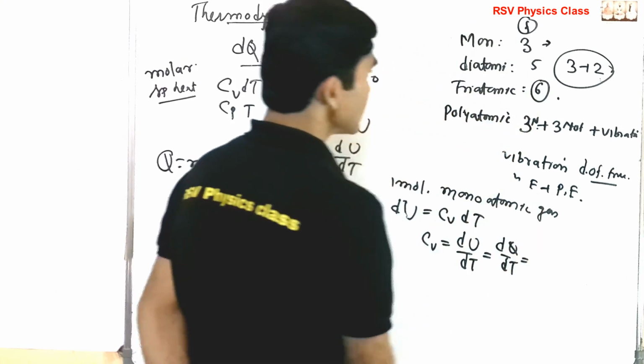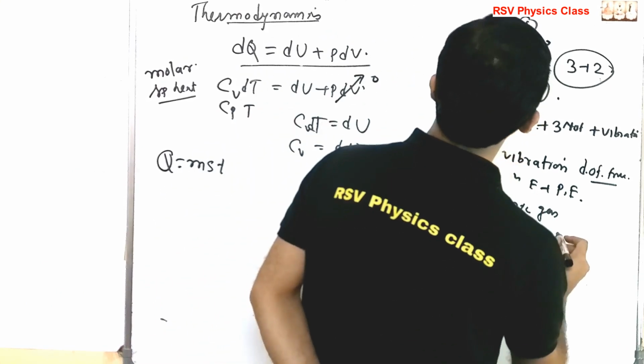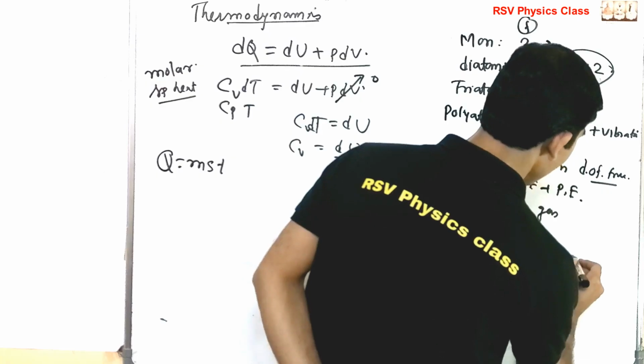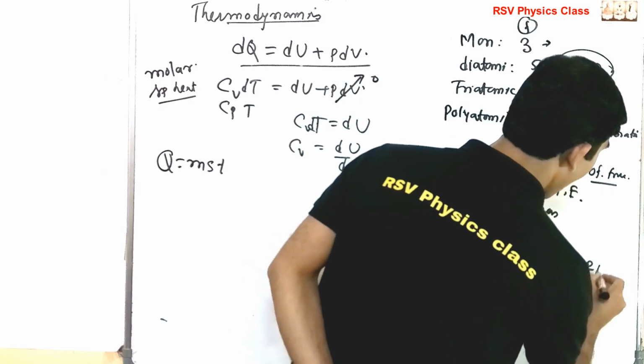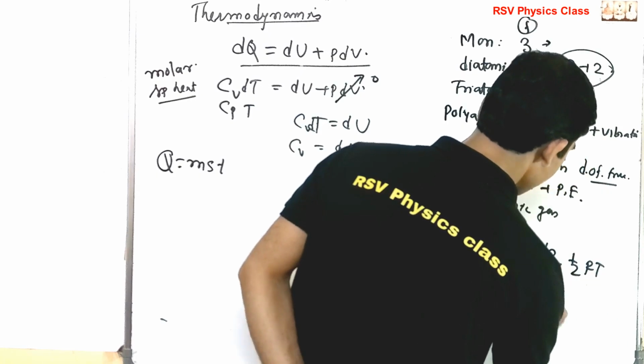So how much is the energy? 3 into half RT, and this is d by dT.